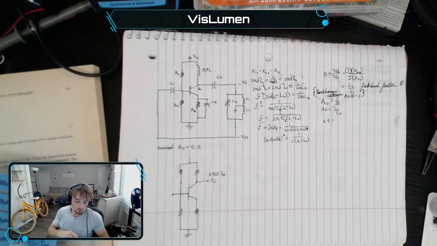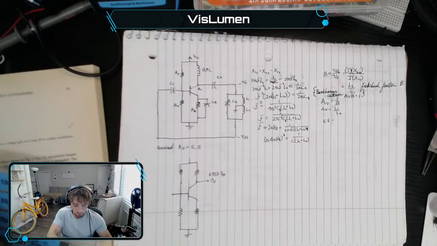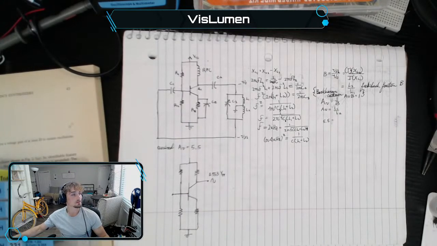1/20, 1/0.188. Heck no. Okay, the minimum voltage gain AV required of the common emitter amplifier to sustain oscillations. Let me look at something.